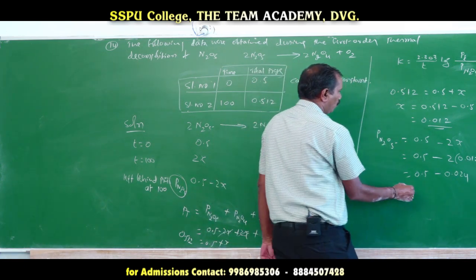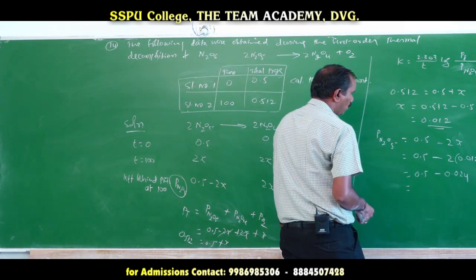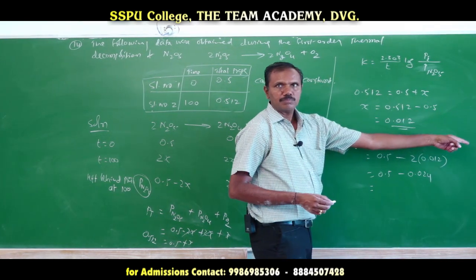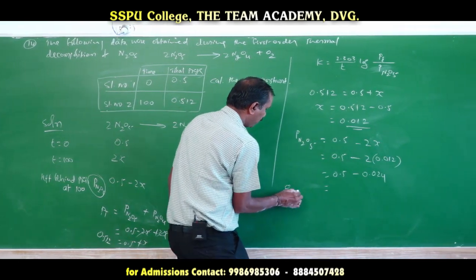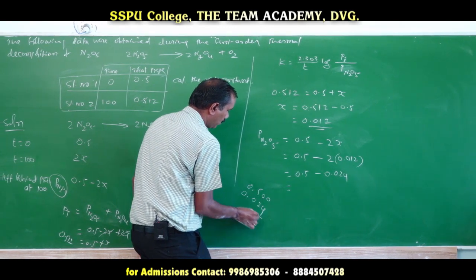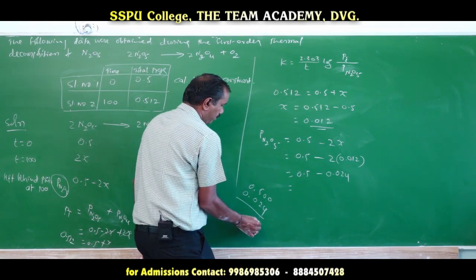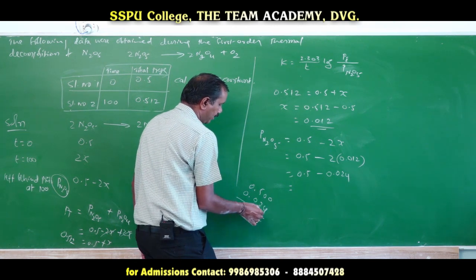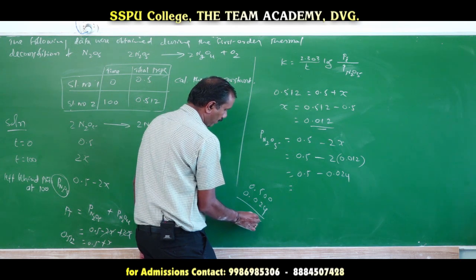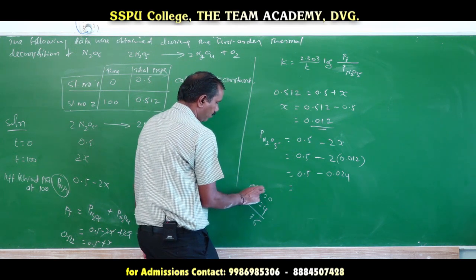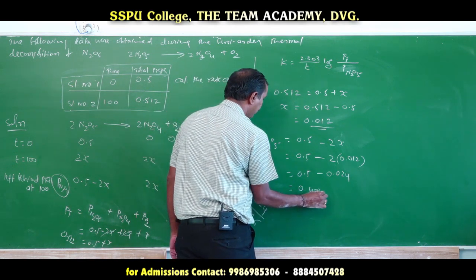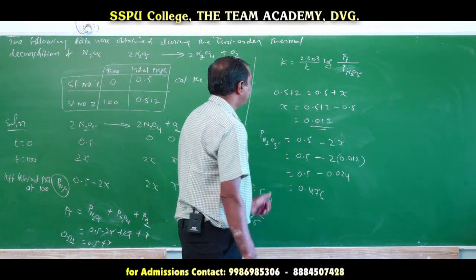So 0.5 minus 0.024 gives 0.476. That is the partial pressure of N2O5.